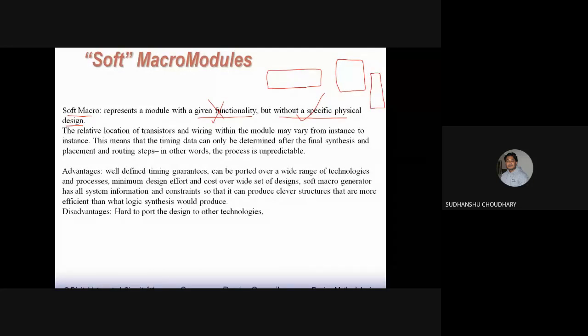Depending upon your chip area and what shape and size you want, you can fix that in this soft macro. That means the relative location of transistors and wiring within the module can be changed. Depending upon your need, you can change the location of transistors and also the wiring.